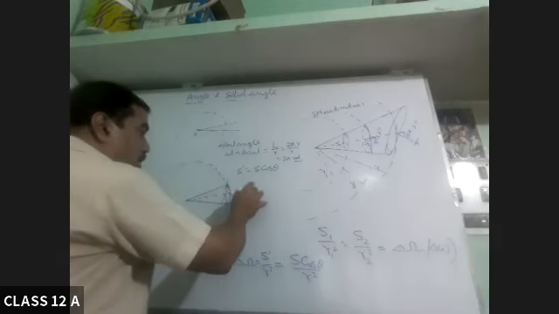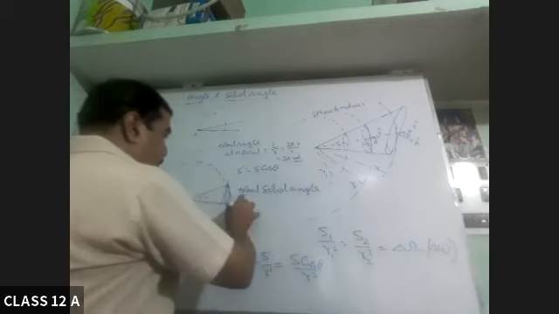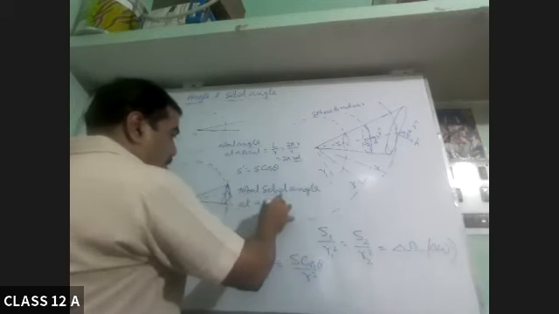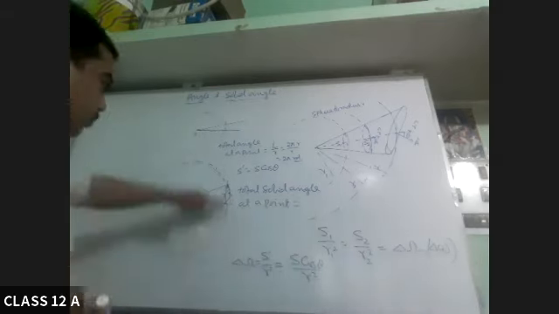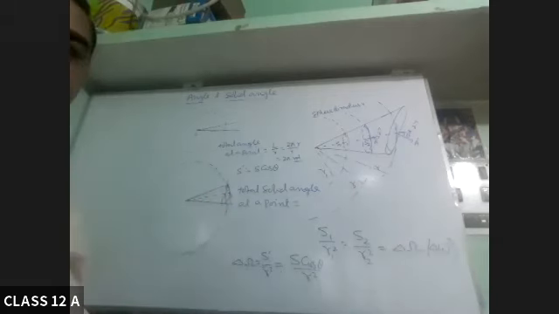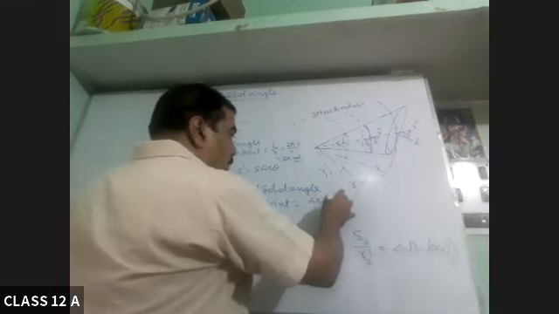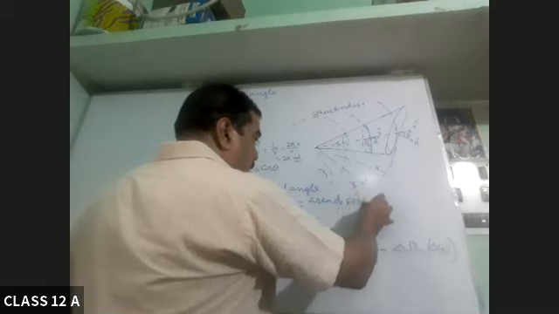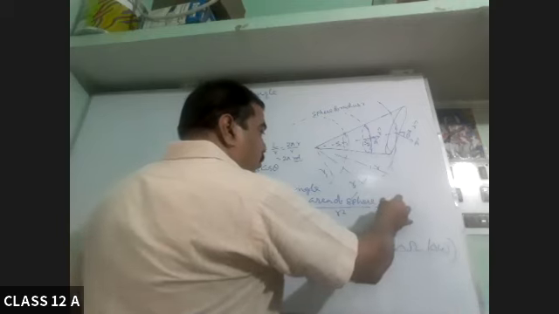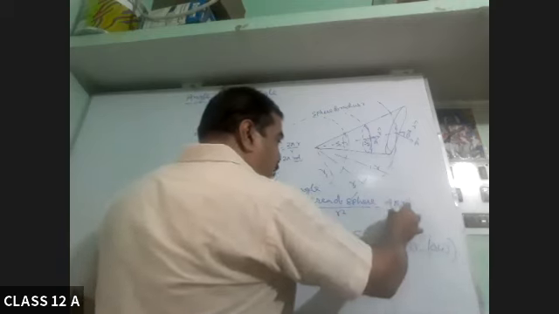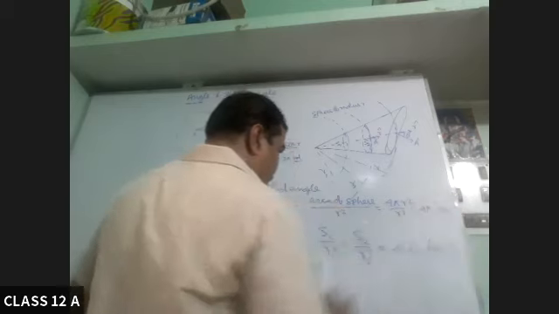So the total solid angle: this is the total surface area, and the total surface area when we consider this will be the area of the sphere. So it will become 4 pi R square over R square. So it is 4 pi steradian.